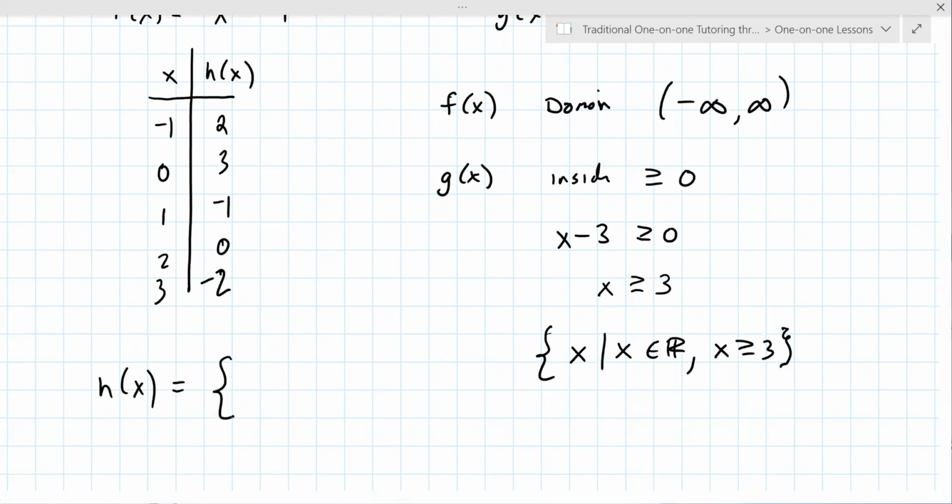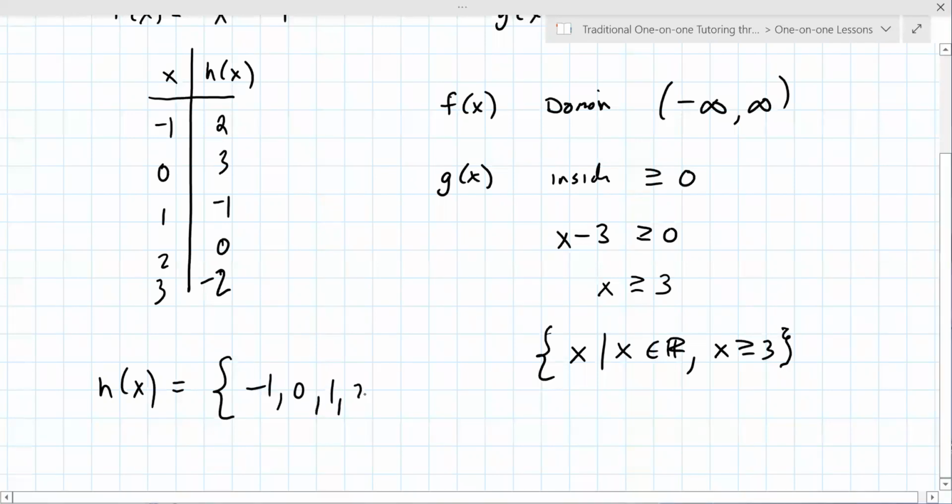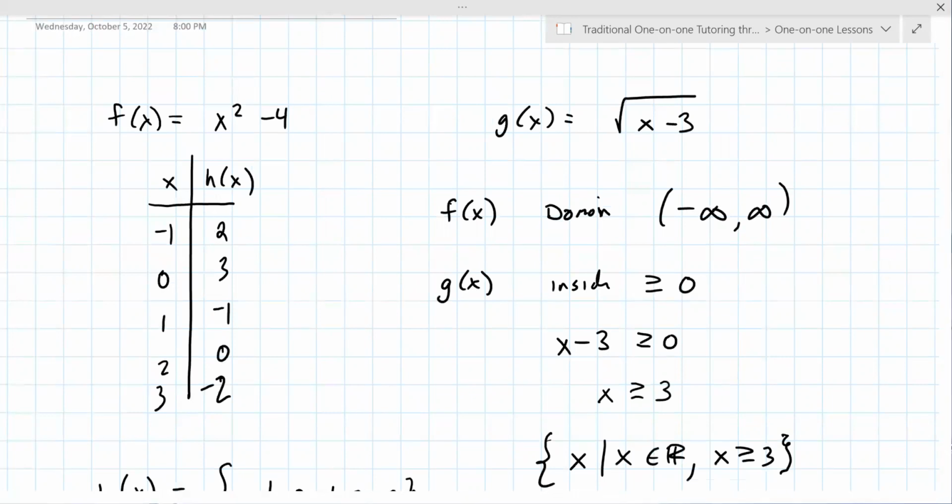It's -1, 0, 1, 2, 3. Yes, -1, 0, 1, 2, and 3. It's just whatever the x values are. Okay, so that's important. There are no questions yet that we've answered that are going to be on your quiz or retake, but you've got to know the domain because it will come in handy for the next part.